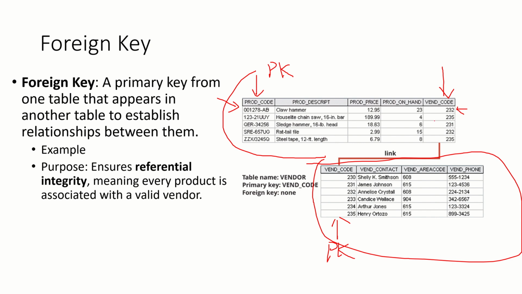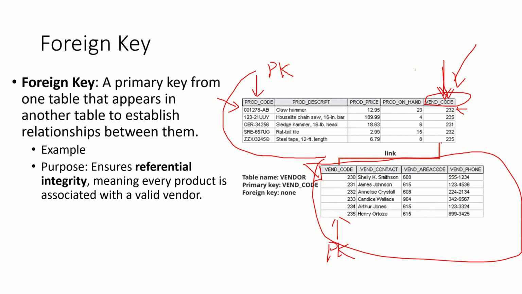Okay, so in that case, this vendor code in this table is actually used as a primary key in another table. I will emphasize again, vendor code is used as a primary key in another table.